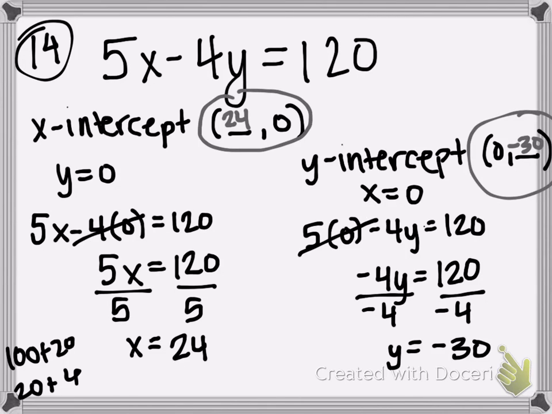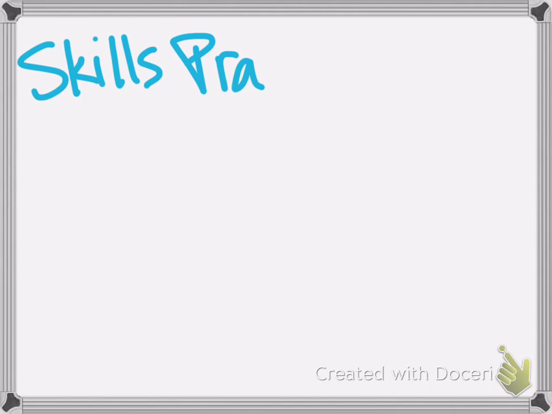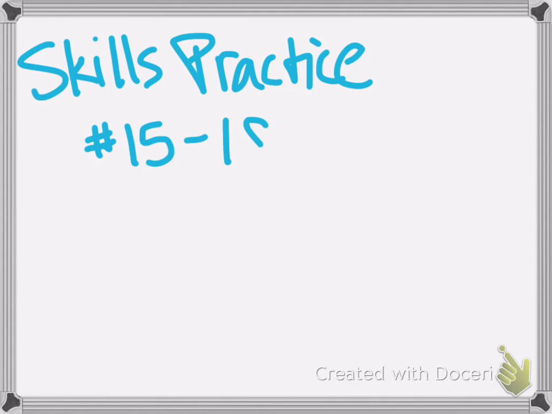All right, so what we're going to do, there are 4 more there. Your table is responsible for answering 15, 16, 17, and 18. What numbers were those again? 15, 16, 17. All right.